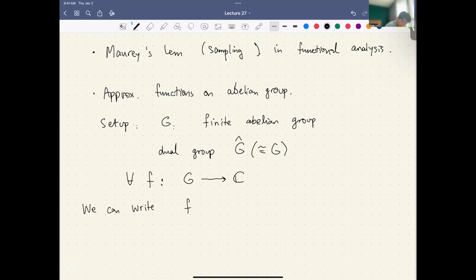We can express f as a linear combination.